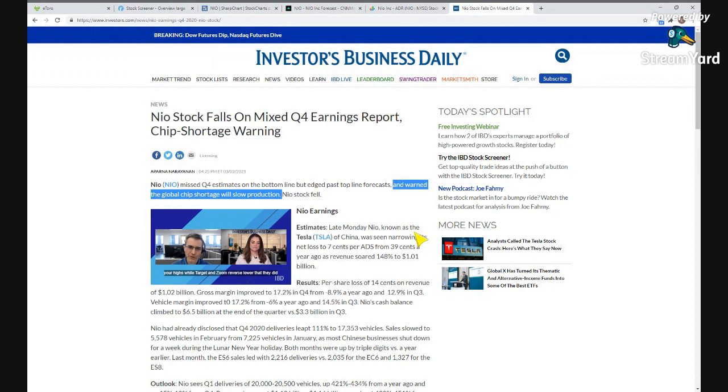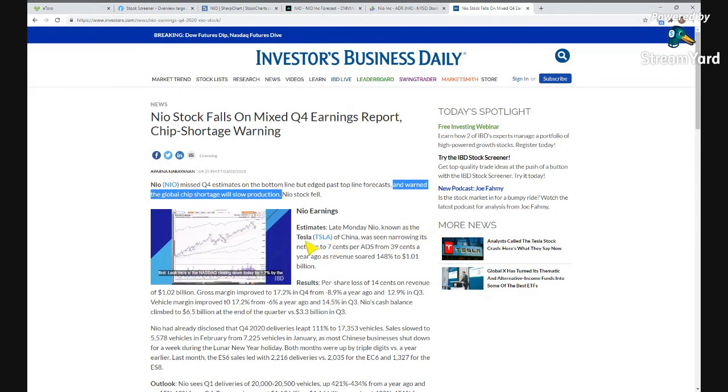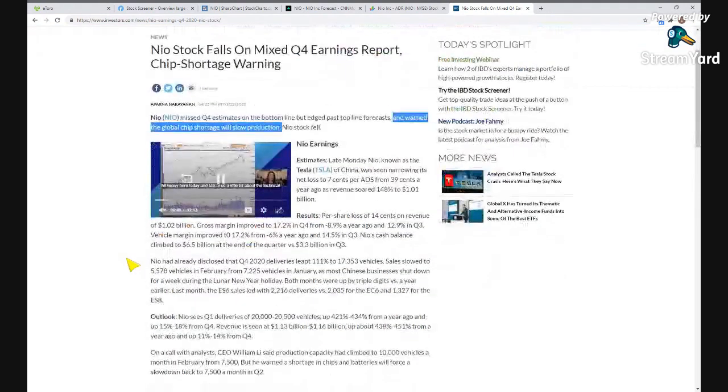So last Monday, Neo, called the Tesla of China, was seen as narrowing its loss to 7 cents per share from 39 cents per share a year ago, but revenue soared 148% to $1.01 billion. I read through this article already.